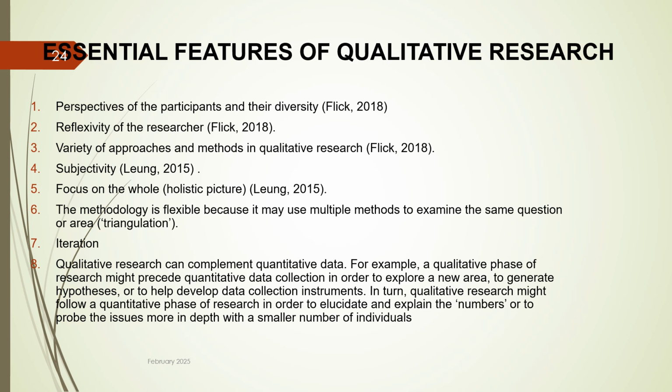So there's flexibility in qualitative research where we can combine different research methods, for example, qualitative and quantitative together to get a better understanding of a particular topic. So we can use what we call triangulation, and there are several types of triangulation. We'll talk about them later on. Iteration, and we'll talk about iteration also.